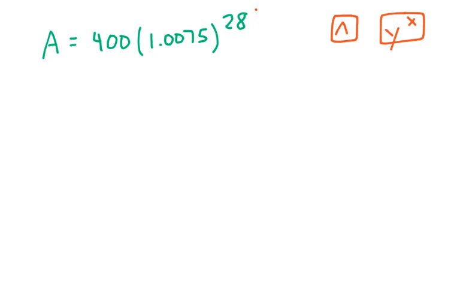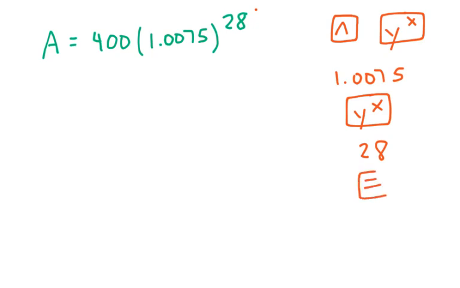So what we're going to do here is type in 1.0075. We are going to hit that y to the x button, which allows me to raise any number to any power. I want to raise this to the 28th power, and then I'll hit my equals key, and I've taken 1.0075 and I've raised it to the 28th power.